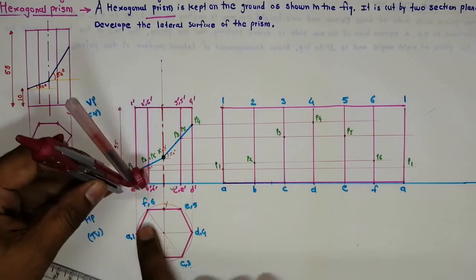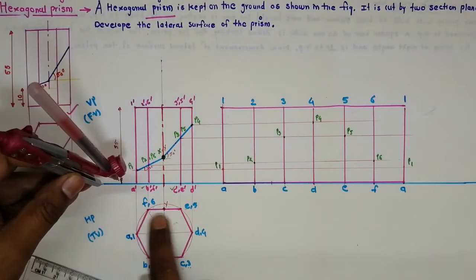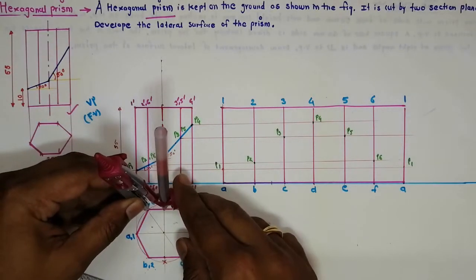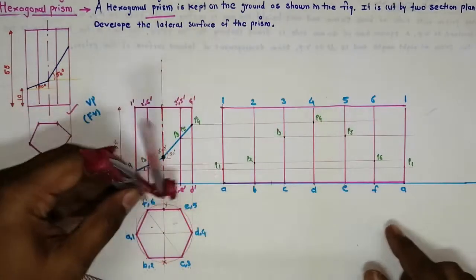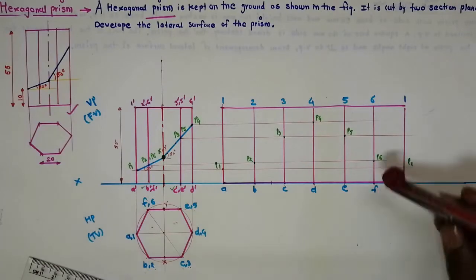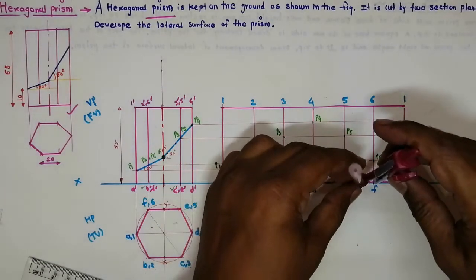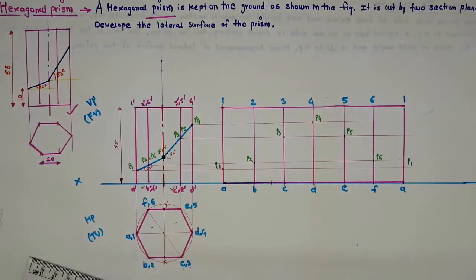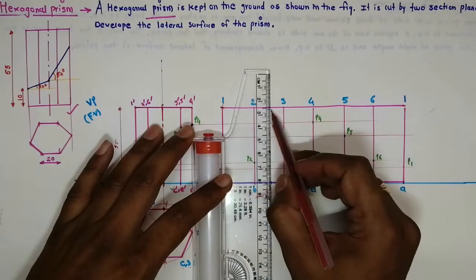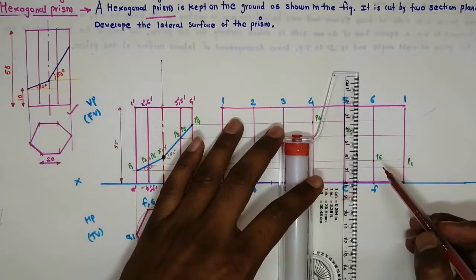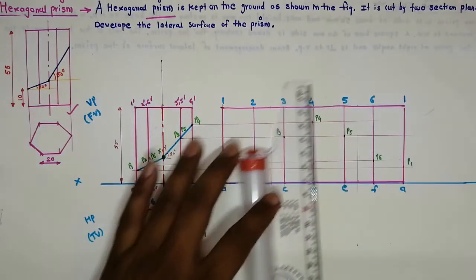And this Y is in between F and E, so the same distance, in between E and F. We have taken the distance from F, so mark from F. Okay, so we have marked that distance. Now draw the vertical line from that intersection, this vertical line from here, this vertical line from here.